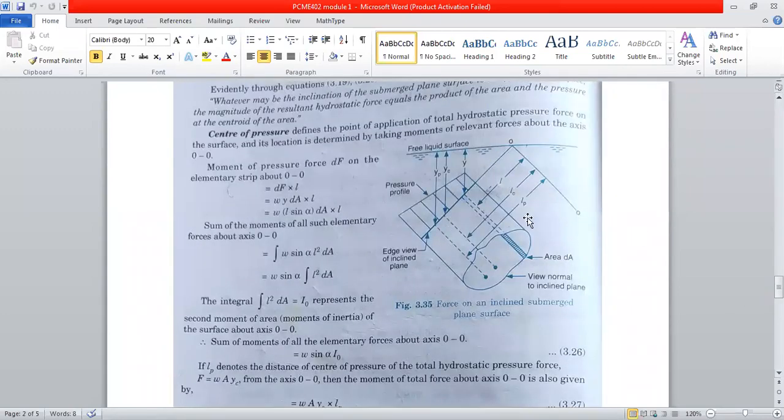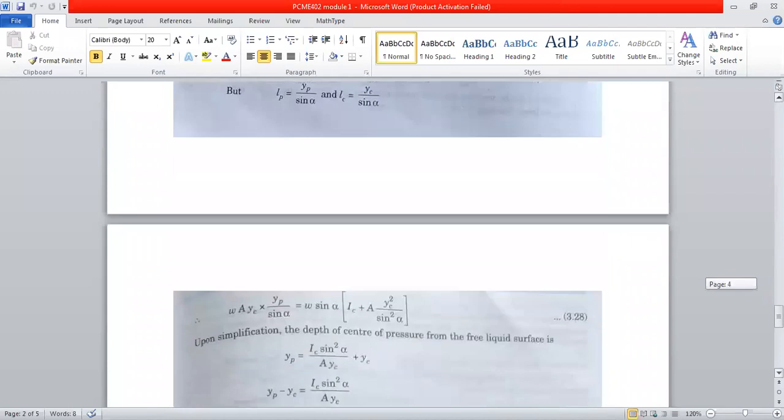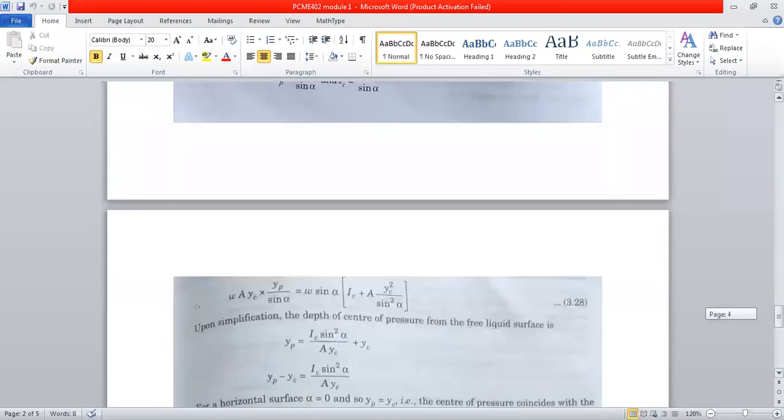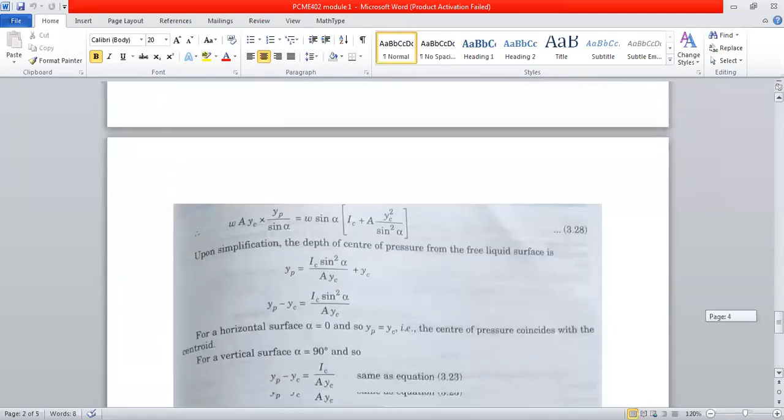You put the values in this equation: WAYC into LP, with LP as YP by sin alpha and LC as YC by sin alpha, and we get, from equation 3.28, YP equals IC sin square alpha by AYC plus YC. So YP minus YC equals IC sin square alpha by AYC.